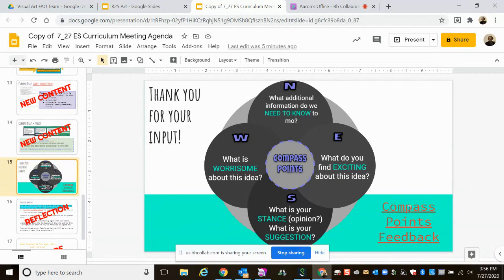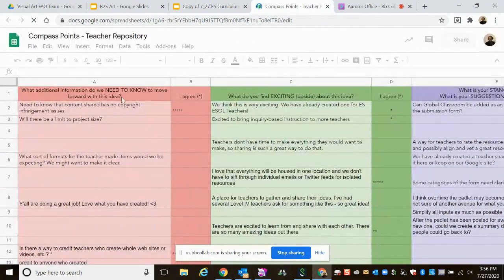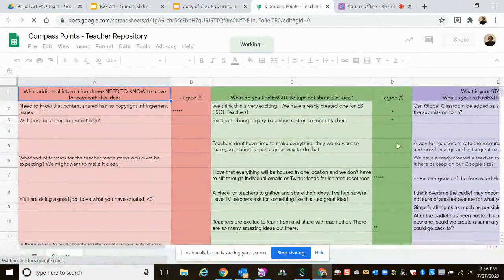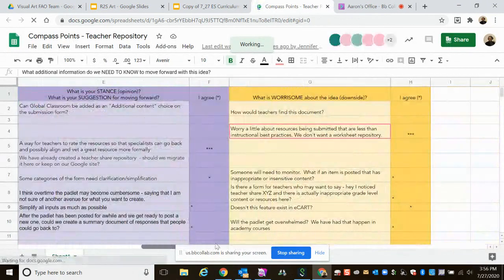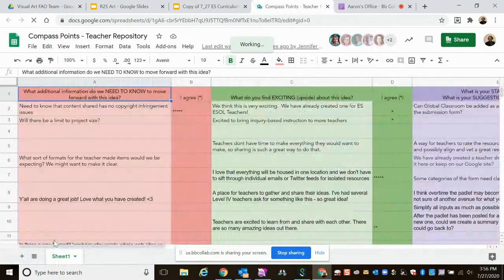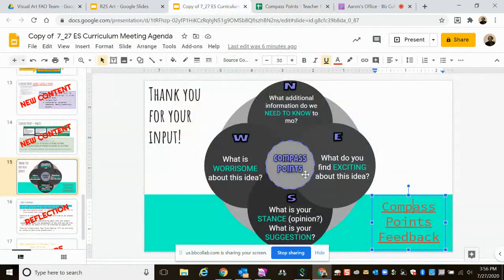The way that they approached this one is they created a Google Sheets file, and they posted the same prompts across the top of this Google Sheet. And then the participants could type in their questions or their thoughts or their responses to those prompts as they were given a little bit of time to do that processing.